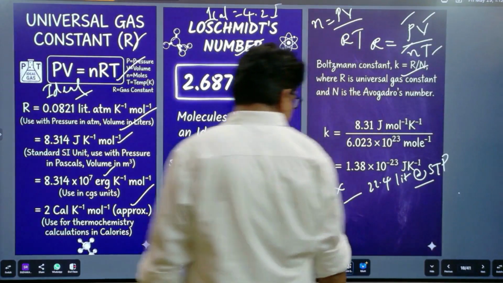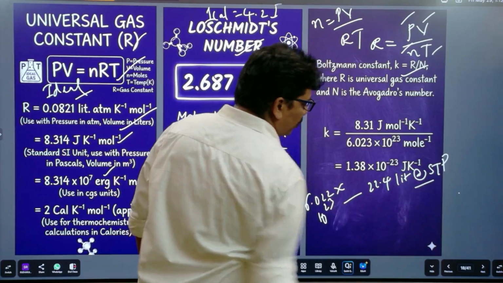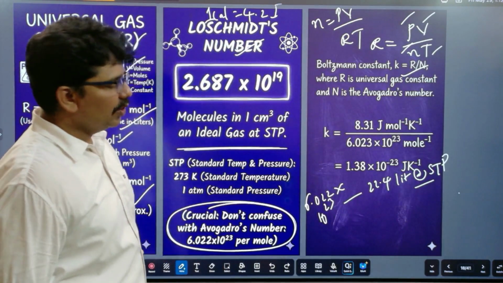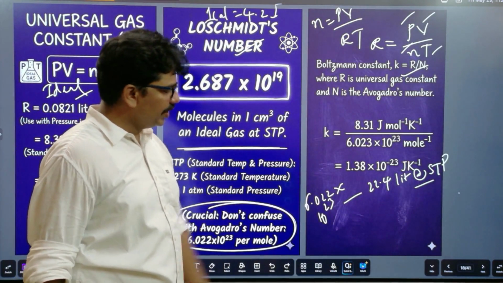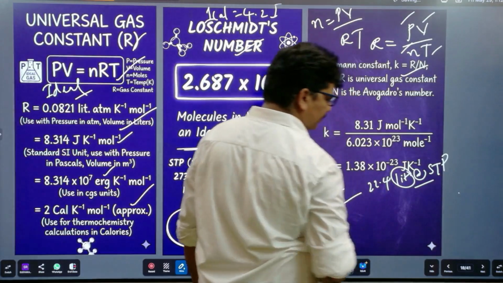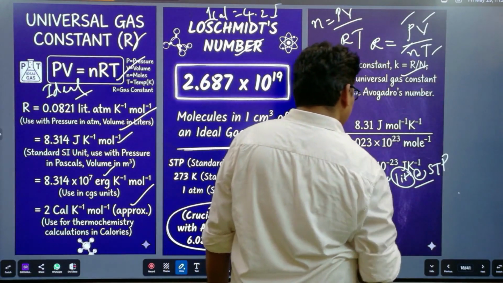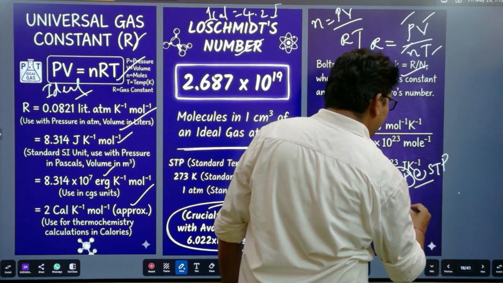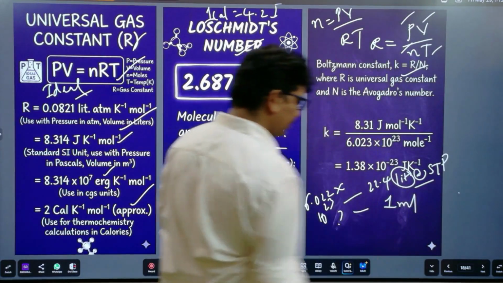At STP, in 22.4 liters volume, how many molecules are there? 6.022 into 10 power 23. Right, this is in liters. Now, in 1 ml, how many particles are there?